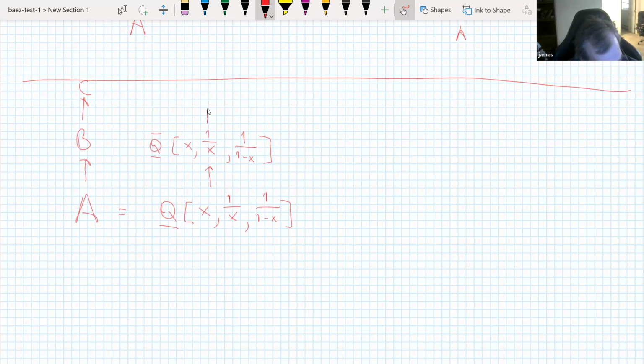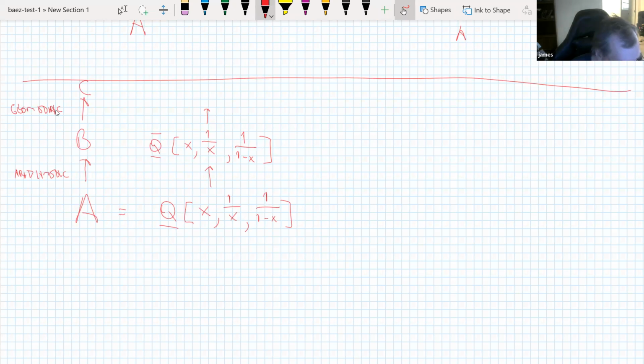And then C at the top should be, well, first of all, notice that this first step here was very arithmetic. But this second step is going to be very geometric, at least if you squint at it the right way.